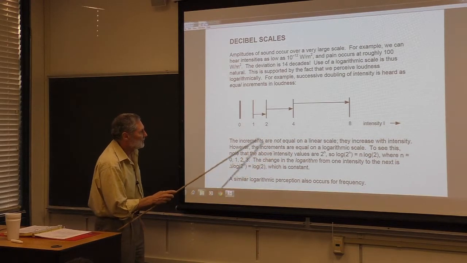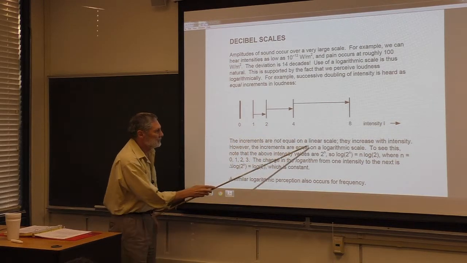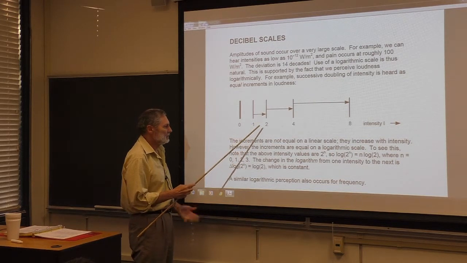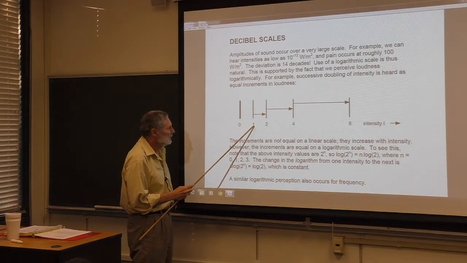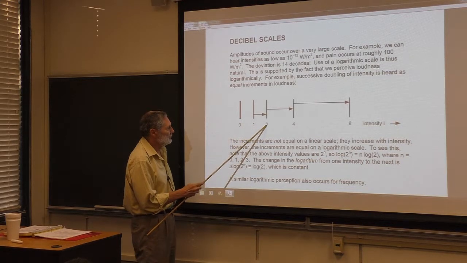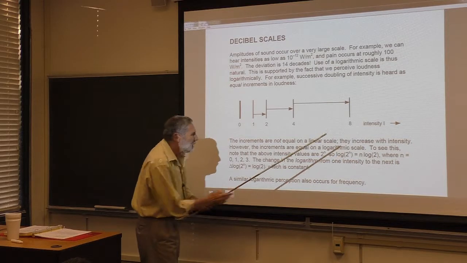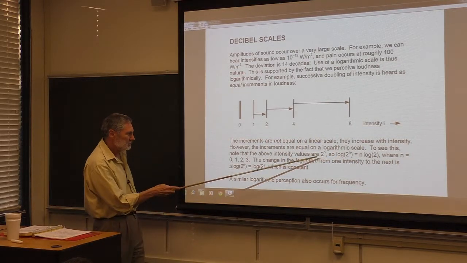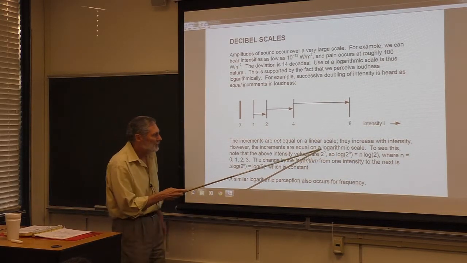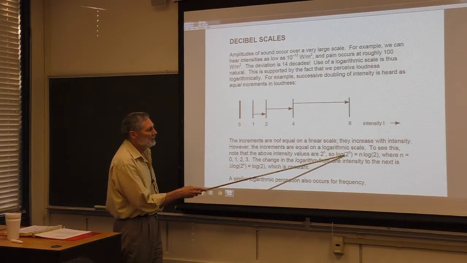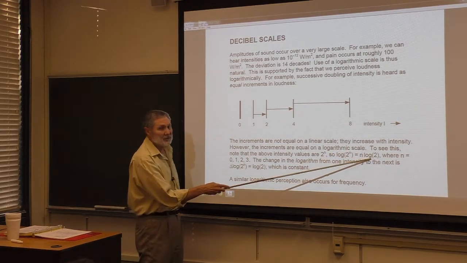It's very simple mathematically. You can see that this sequence here is just 2 to the n, right? So the intensity here is equal to, in dimensionless units, or proportional to 2 to the 0, which is 1, 2 to the 1, which is 2, 2 squared, which is 4, okay? If we take the logarithm of the intensity, the log of anything to a power is just that power times the logarithm, right?